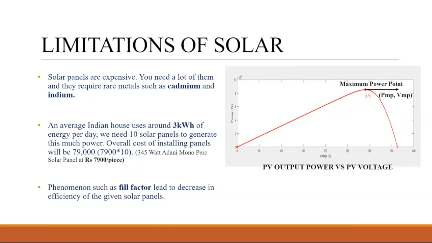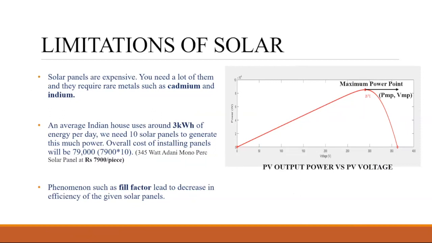The curve is like this, and the power output curve with respect to voltage is like this. You can see, okay? This is the actual value that we will theoretically get, but practically we are getting only this much amount of power.